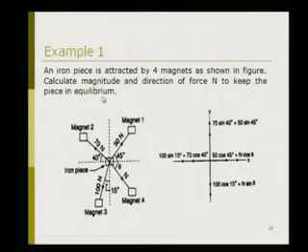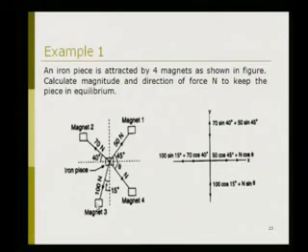Over here, magnet 1 is applying a 50 Newton force on this iron piece at 45 degrees with respect to the positive x direction. Magnet 2 is applying a 70 Newton force at 40 degrees with respect to the minus x axis.